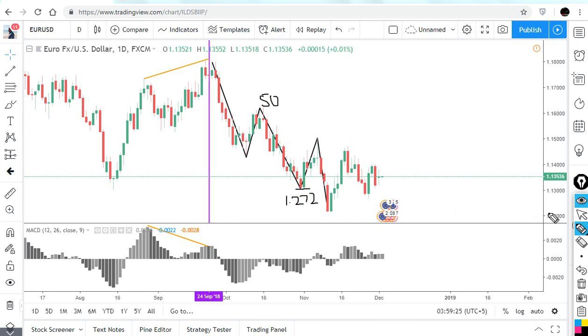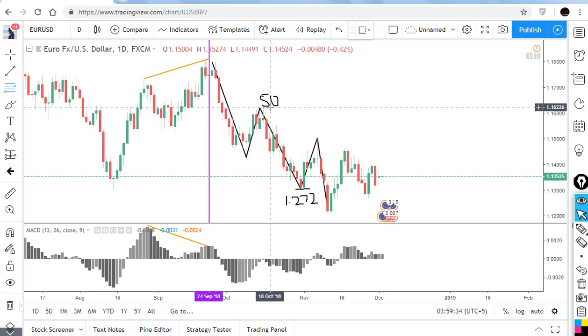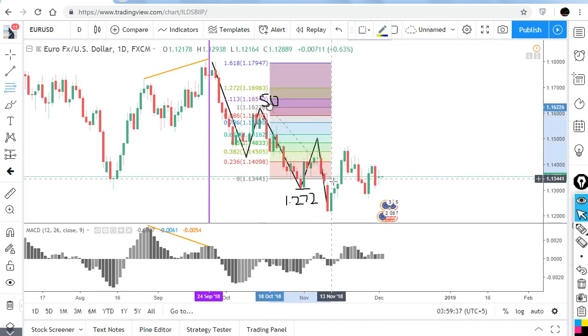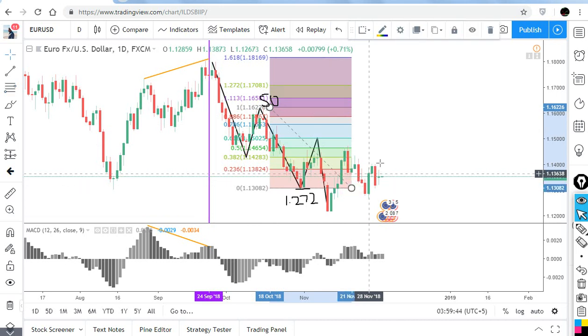Okay, now after this correction there is another rule. If you count your wave number 3 and then count the fourth correction, and you see a 50% here, it means that this correction goes long, or maybe vice versa, which I discussed in chapter number 1.